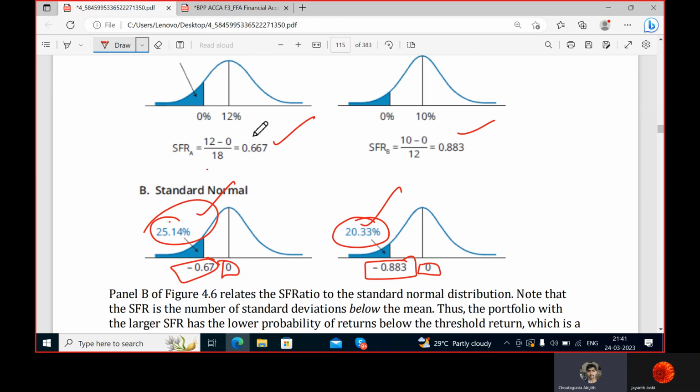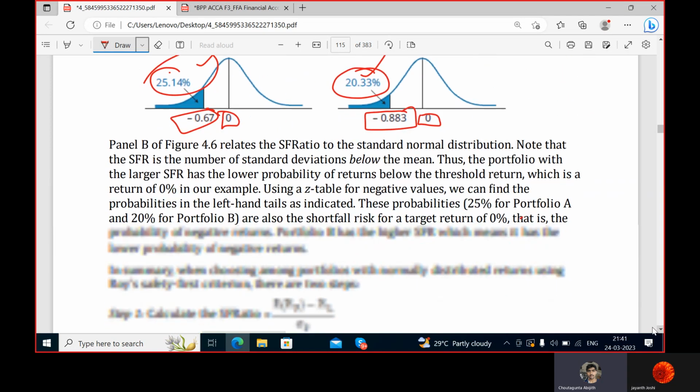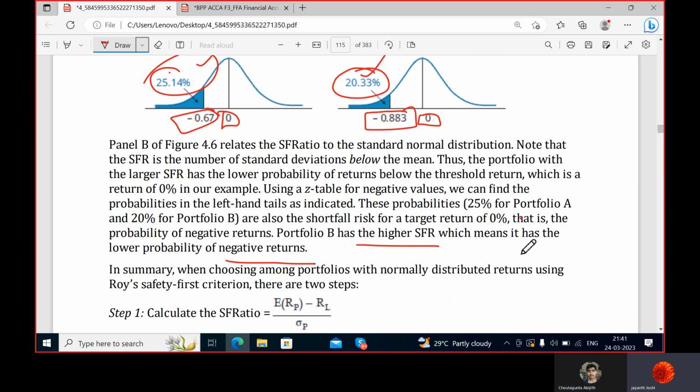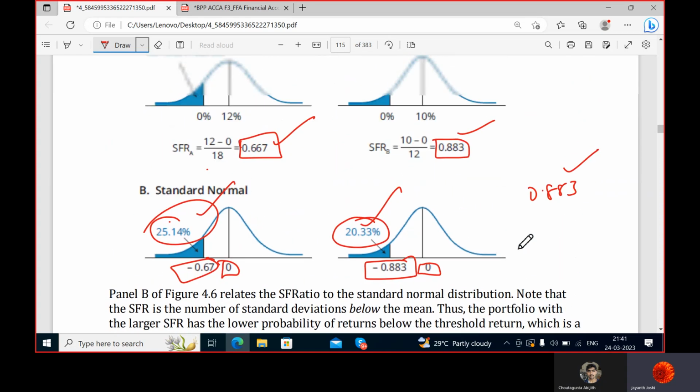This one is the B. Which one is the higher SFR, 0.883? Portfolio B has higher SFR, which means it has lower probability of negative returns, and the probability was 20.33.